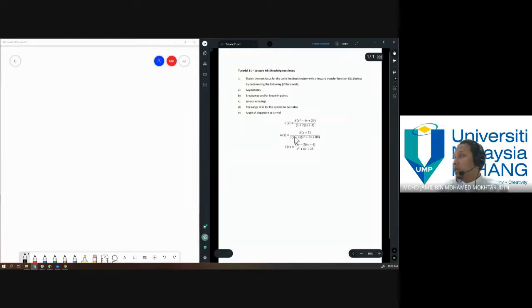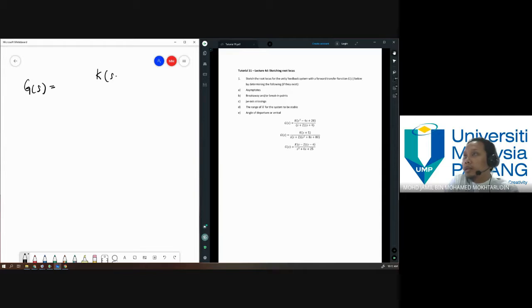So let's look at the second transfer function. Maybe I can write it down first.